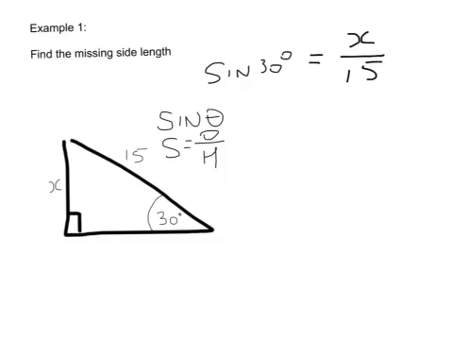Sine 30, when I punch that in, equals 0.5. So 0.5 equals x over 15.